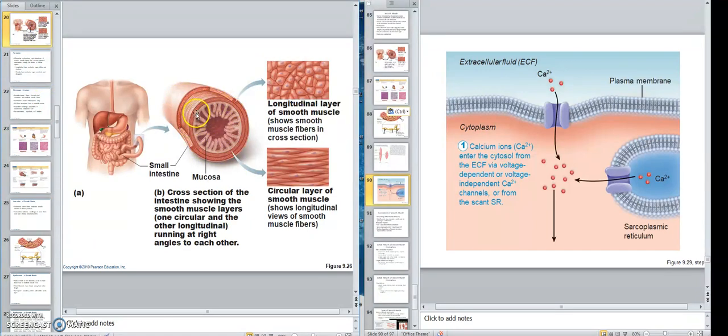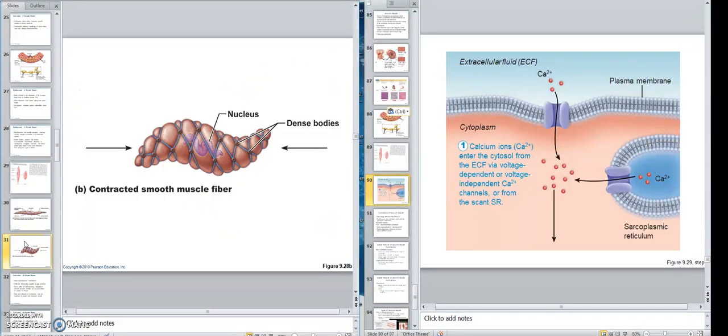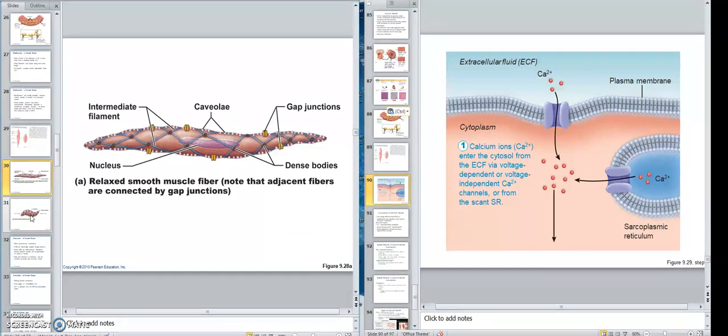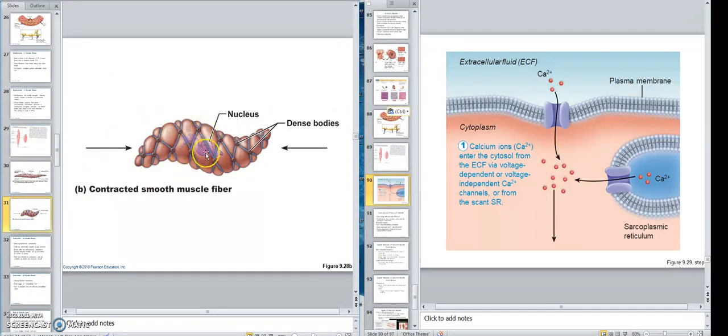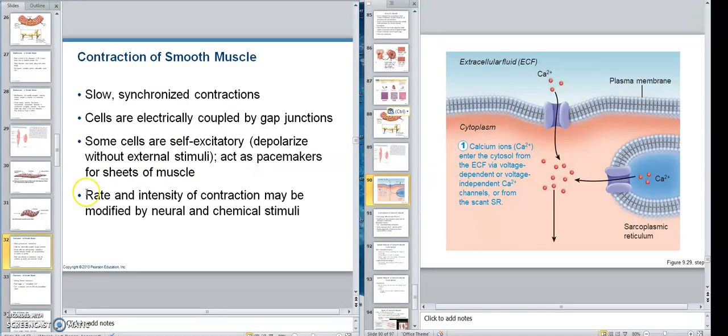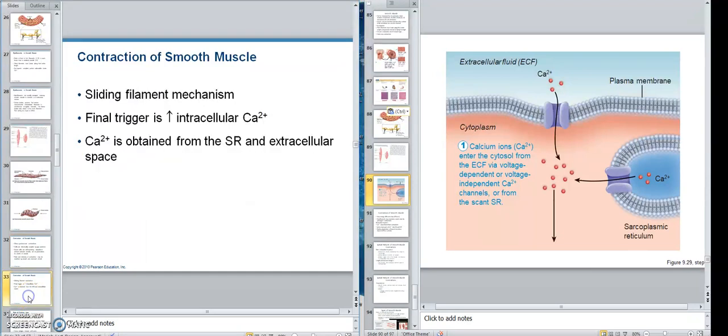We don't want one side to not and then just flop the stuff in there. Okay? So that's where we get into that. All right. Here it is contracting. See how it kind of corkscrews down? Okay. Contraction. Slow, synchronized. Electrically coupled together. Gap junctions. All right. Chemical and neural stimuli.